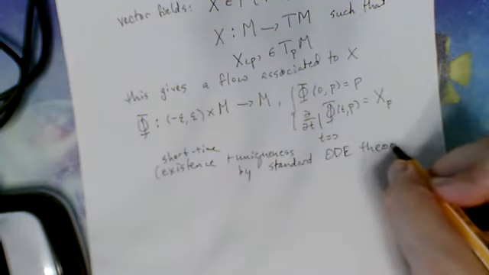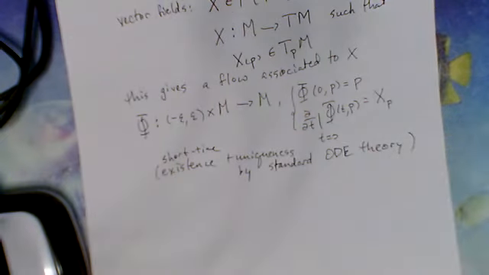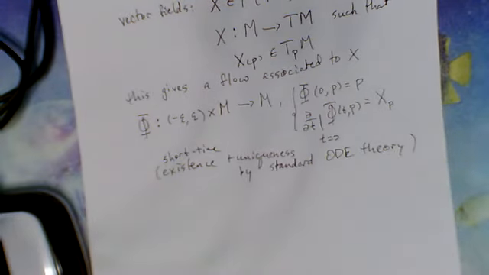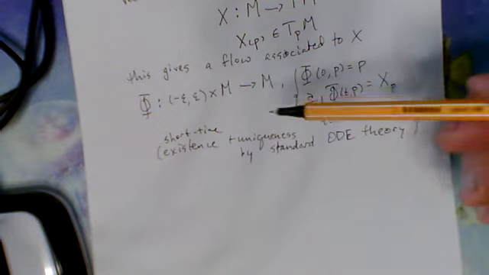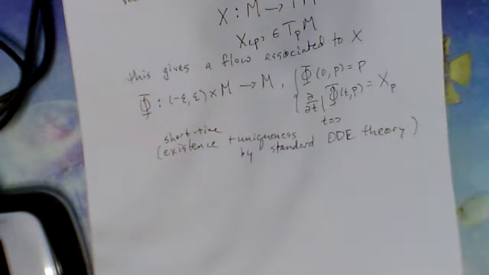The existence and uniqueness of this flow, at least for a short amount of time, is given by standard ODE theory. Flows don't always exist for all time. In some cases, they do. For instance, if you have a compact manifold, the flow will always exist for all time.